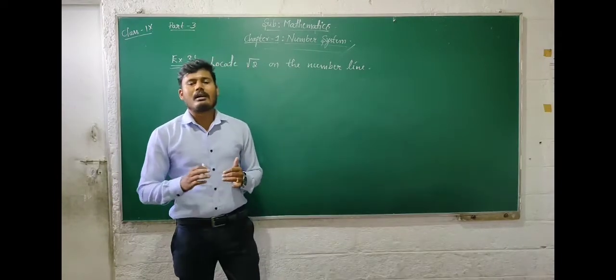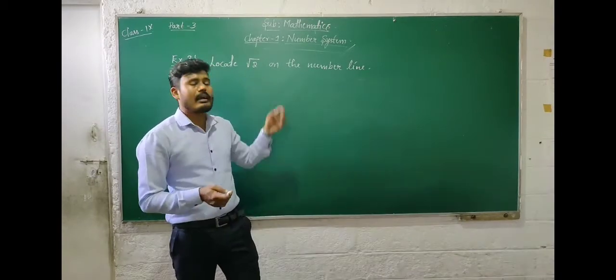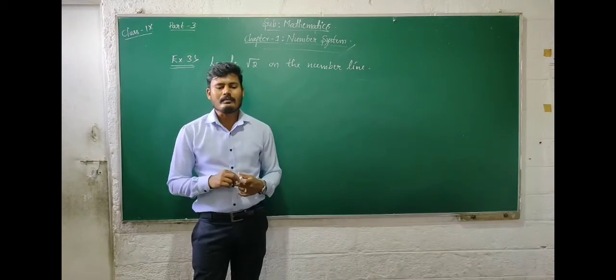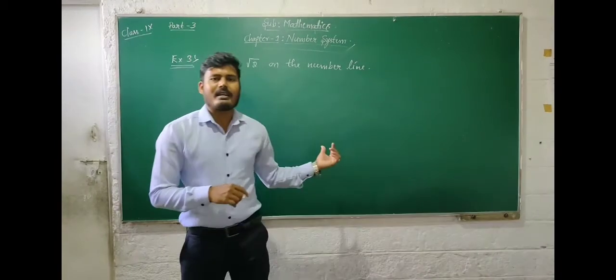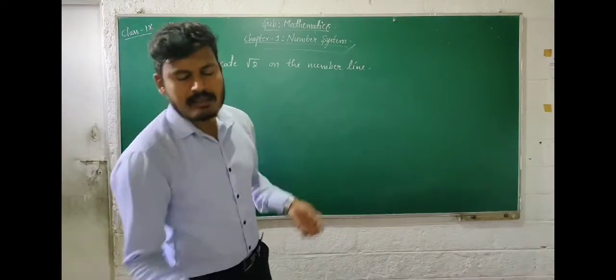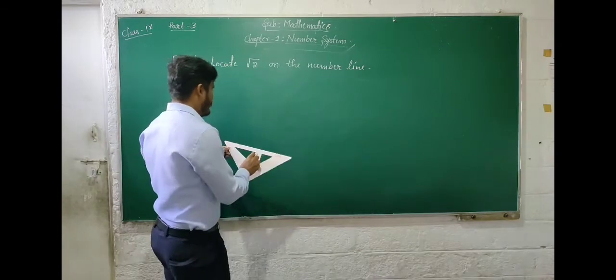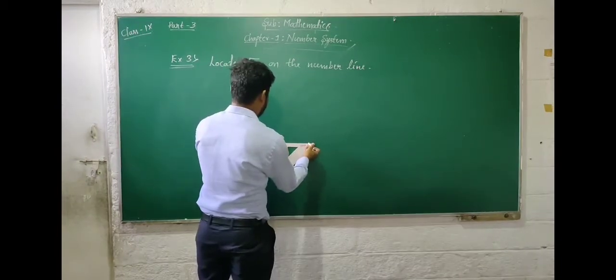First you should follow some procedures or steps to locate these kinds of irrational numbers on the number line. So we should draw a straight line, or number line, first. Draw a straight line with your convenient length by using a ruler or scale.